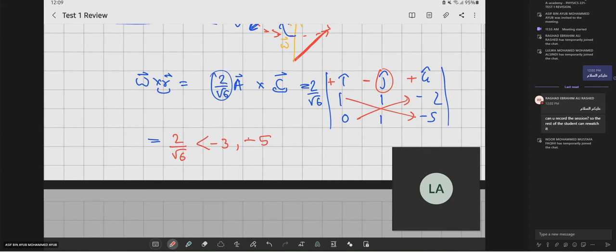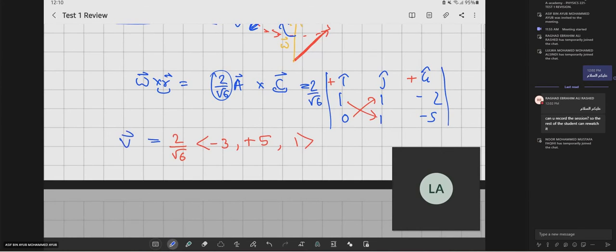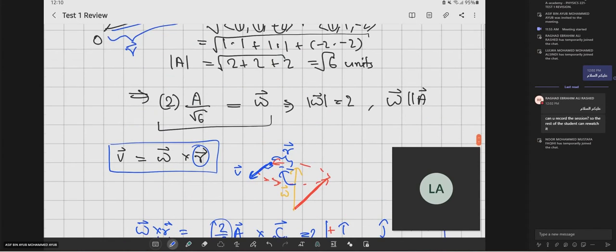And the k component is 1 minus 0, which is 1. So this is my velocity in meters per second because they gave you the units of omega.